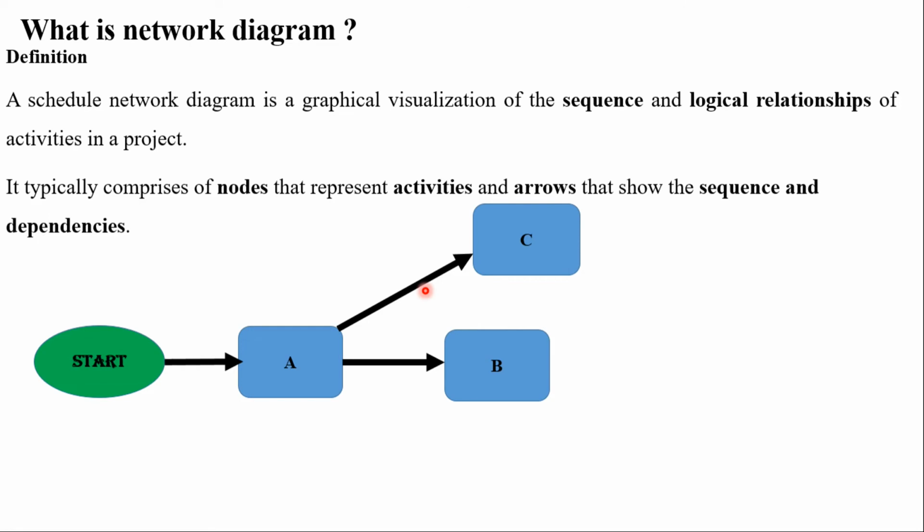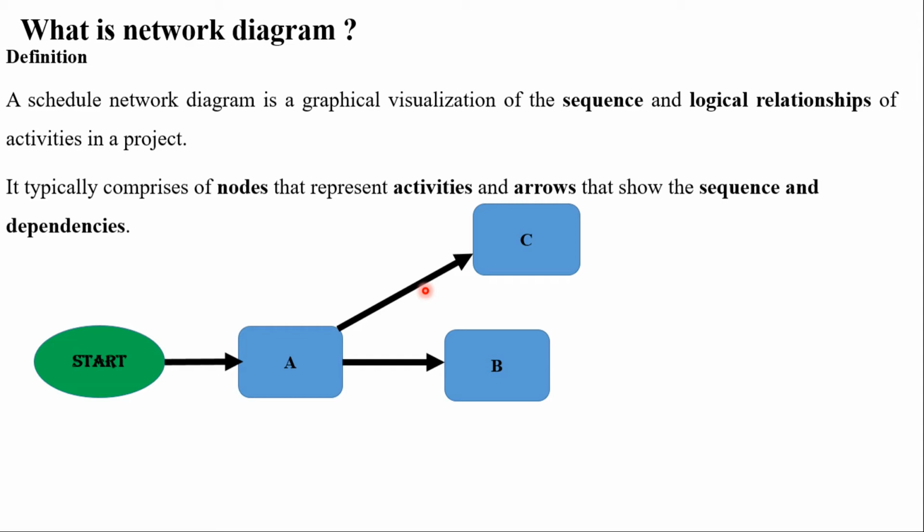So what is a network diagram? In a given project, any type of project, you have a list of activities that need to be performed, and every activity has its time frame, when it starts and when it will be completed. And the other thing is, these activities have logical dependencies or logical relations.